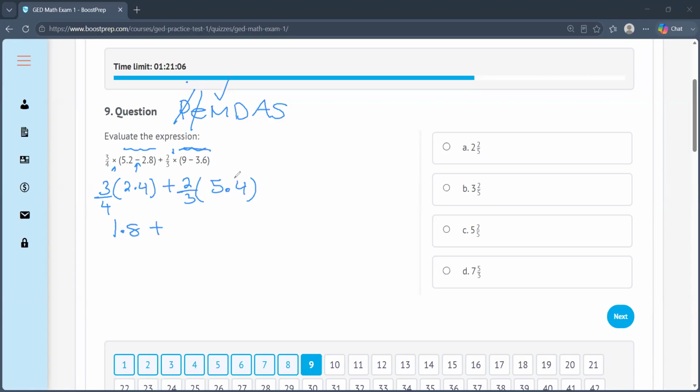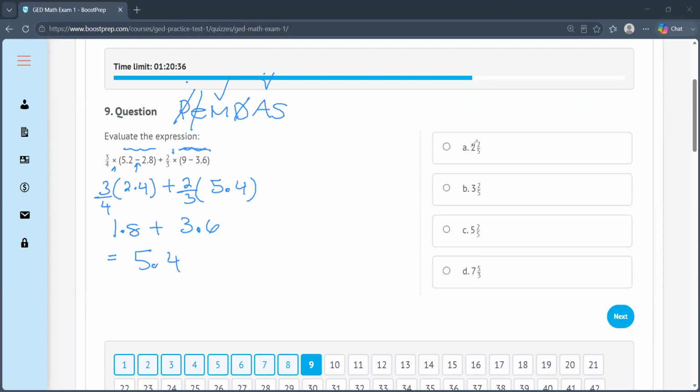And then what's 2/3 times 5.4? You could put that in the calculator. I get 3.6. And then we don't have a division. We have an addition. That's our last order of operation. So what's 1.8 plus 3.6? It's 5.4.